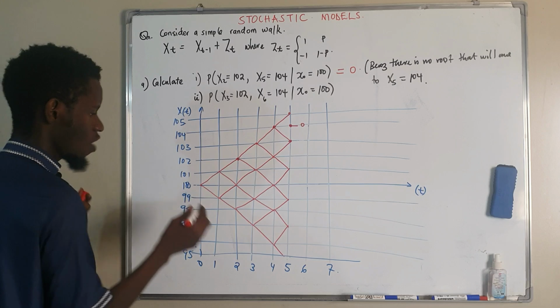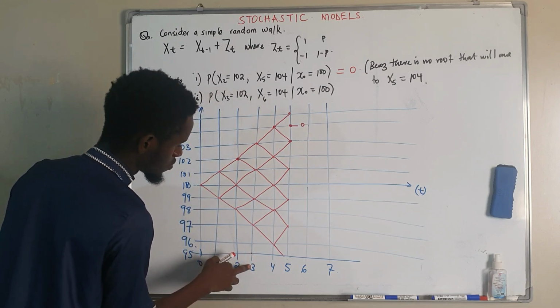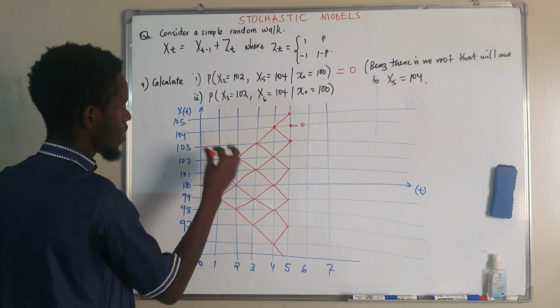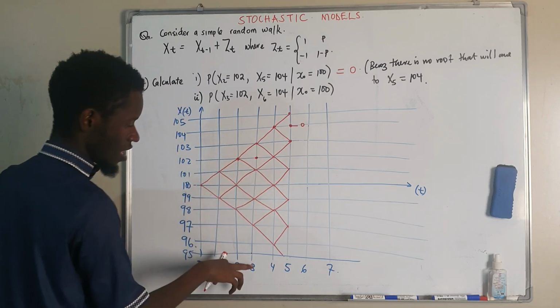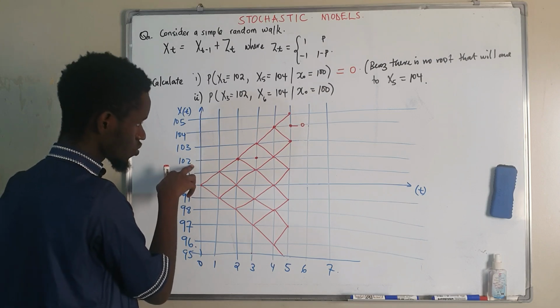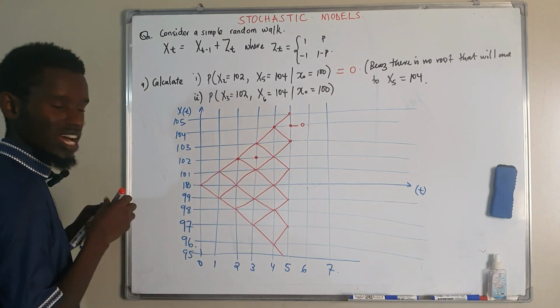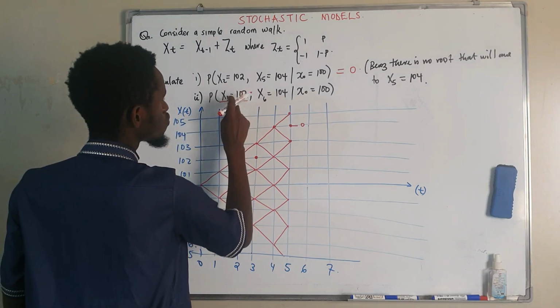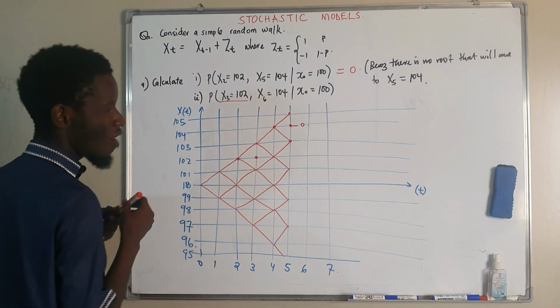But now if I look critically at this point here, this is my 3, then 102 is going to be here. What we are seeing, 3 and then x3, is going to be at this point here. Now for the start, this x3, because 102 has no route that will lead me to this point here.